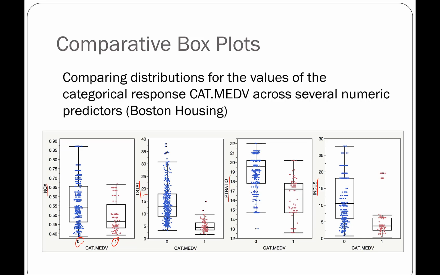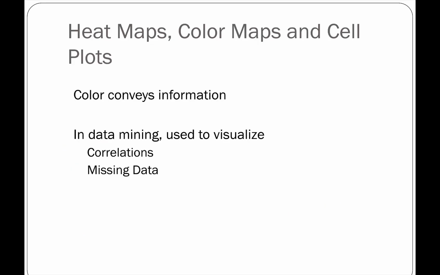And this lets you see how these things differ, and you might think of some of the statistical tests you ran in Stat 601 for comparing the average values for these populations or subpopulations. We're not going to really do that in this class, but you can see that it looks like the PT ratio is different for those smaller priced houses versus the higher priced houses.